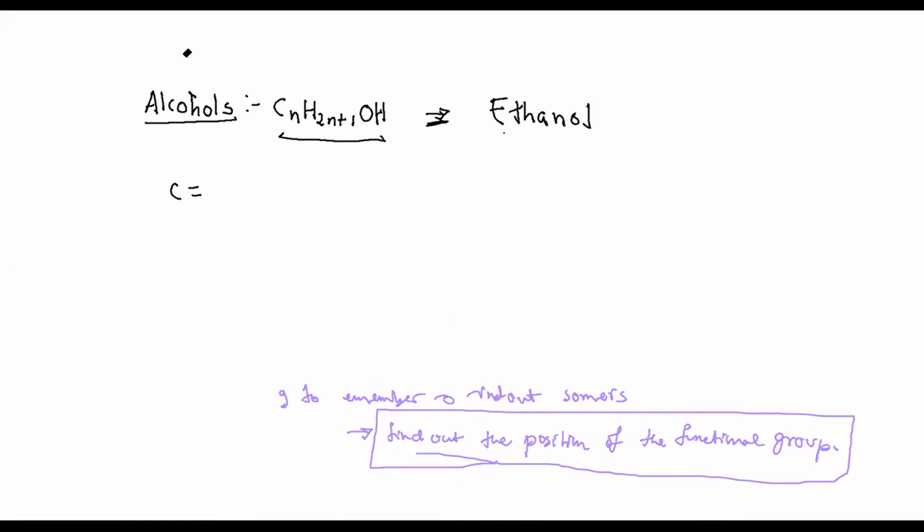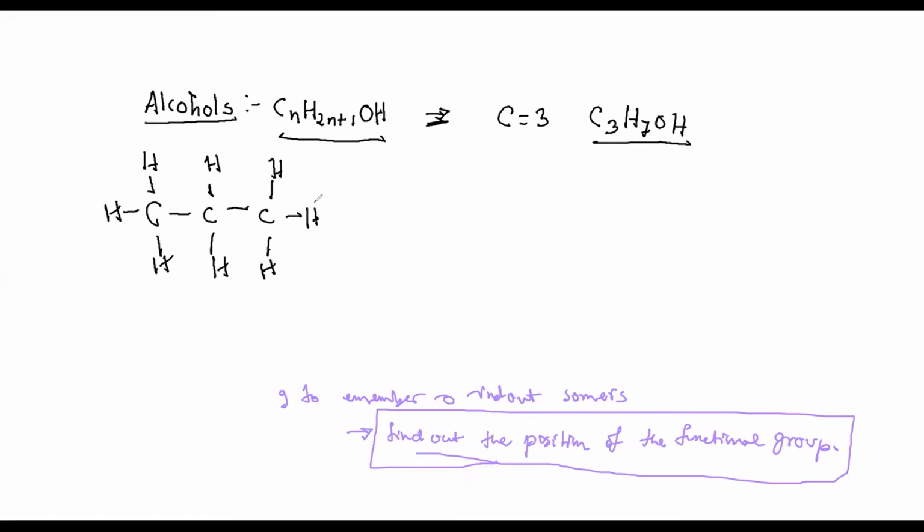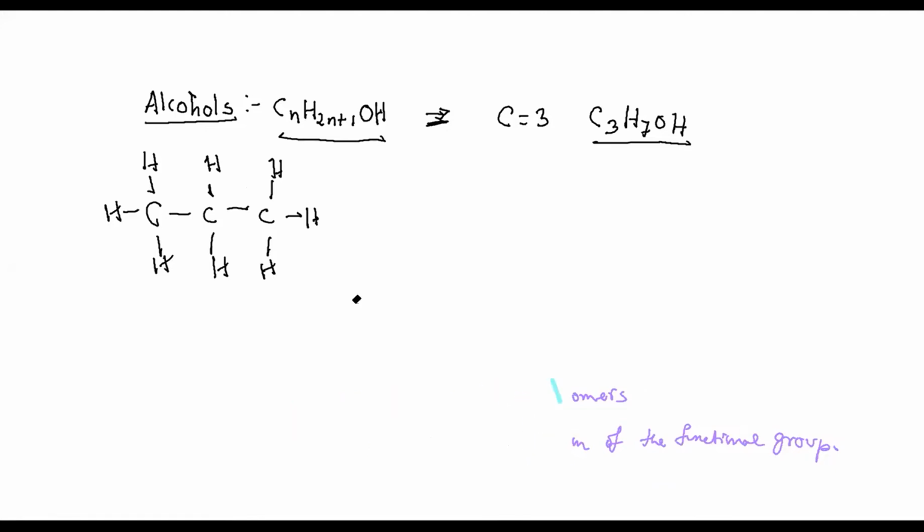So let's start with carbon number 3. What will be the formula for 3 carbons? C3H7OH. So let's first draw 3 carbons. What is the name of this compound? Propane. Very good.